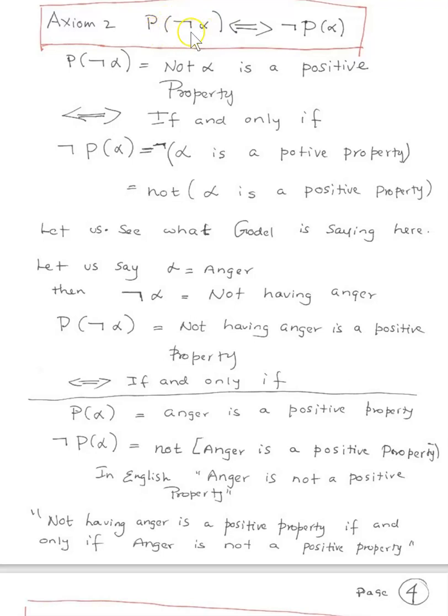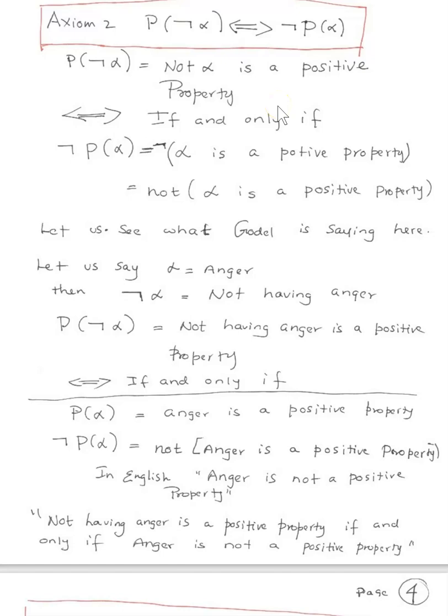So alpha is anger, and not having anger is a positive property if and only if anger is not a positive property. That's what Godel is saying. I think it's easy to understand that part.